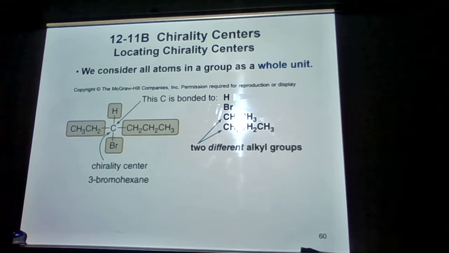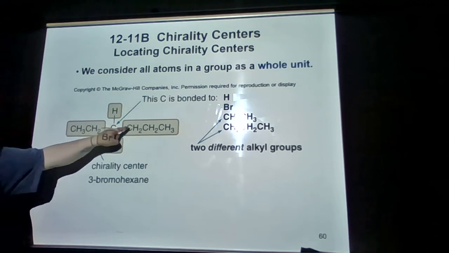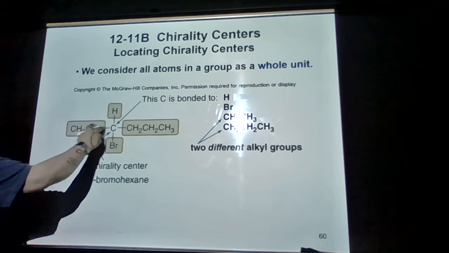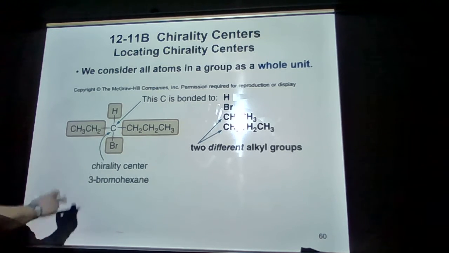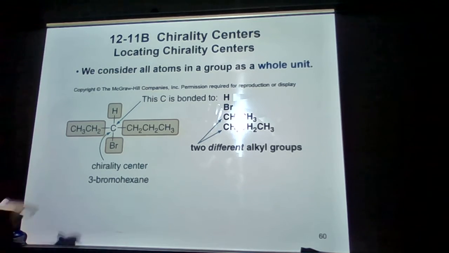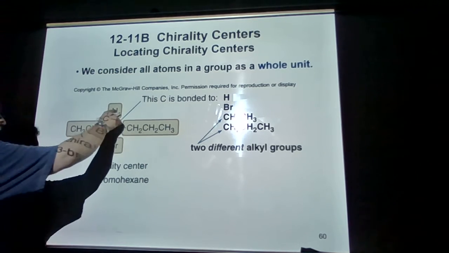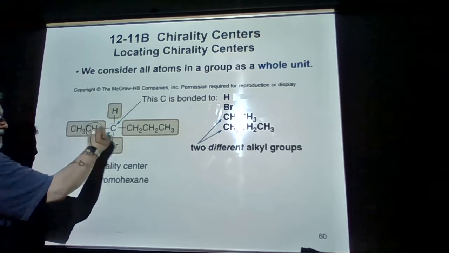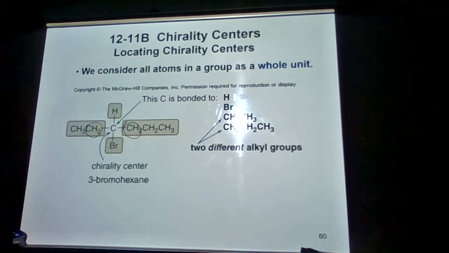Again, let's look at this. We have 3-bromohexane: 1, 2, 3, 4, 5, 6 carbons, longest chain. 1, 2, this is at the 3 position, so 3-bromohexane. This carbon is bonded to a hydrogen, a bromine, and a CH2.